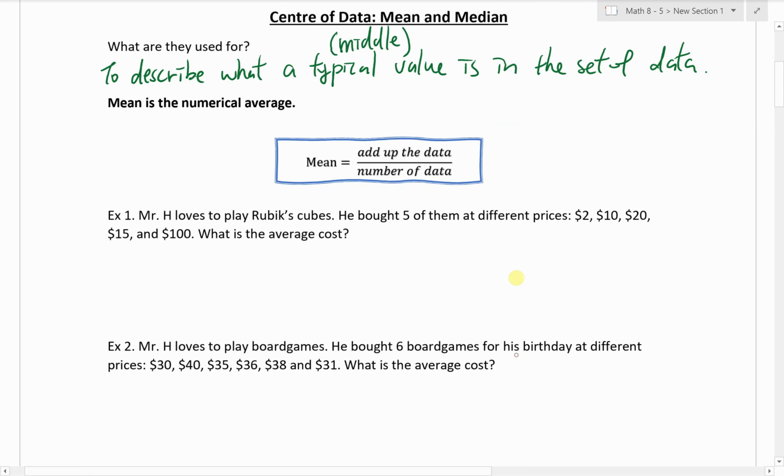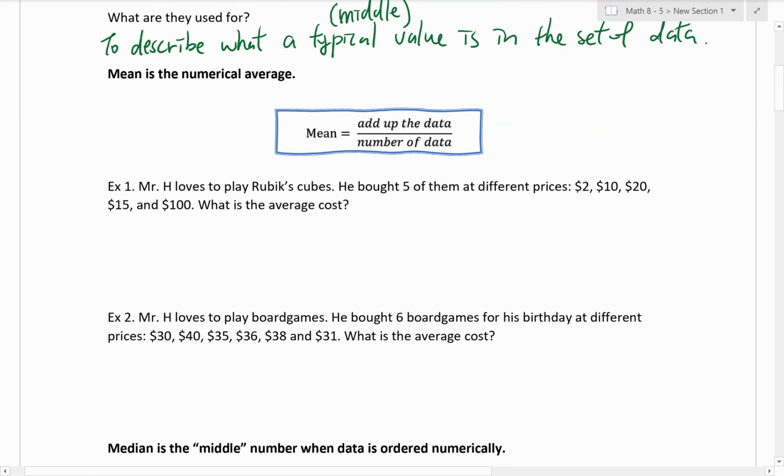Here's the first example. Mr. H loves to play Rubik's Cube. He bought 5 of them at different prices: $2, $10, $20, $15, and $100. What is the average cost? When you're looking for the average cost, that means we're looking for the mean.